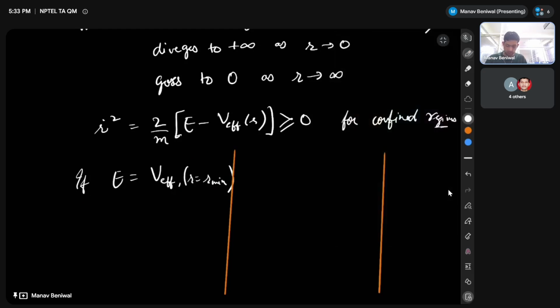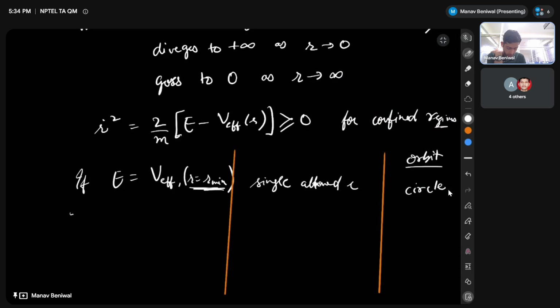So then what will happen? We have chosen the minima. So the motion is like we only have a single allowed value of r. And because now the radius is fixed, the orbit is a circle.